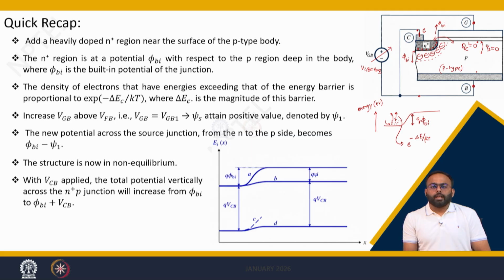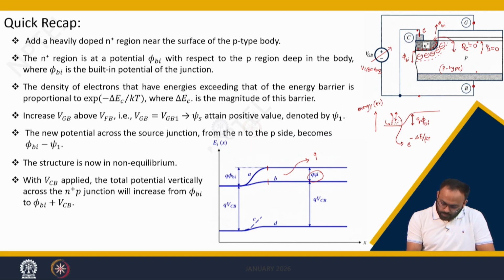Then we said, can we reduce this barrier? The answer was yes. By applying VGB we can increase the surface potential here, and the moment we increase VGB, the increased surface potential by an amount, let us say Q times psi 1, reduces the barrier height from A to B. If the barrier height is reduced, the effective barrier is Q times phi b I minus psi 1, which means you are making the junction forward biased, because you are applying a positive voltage at the P side.